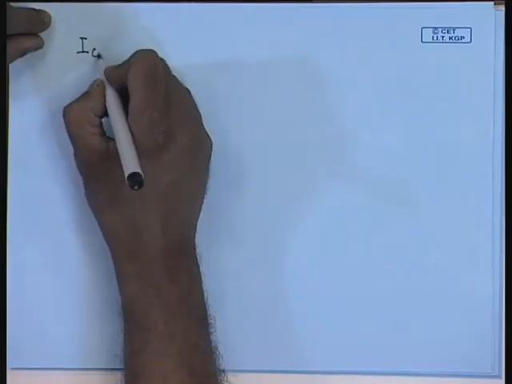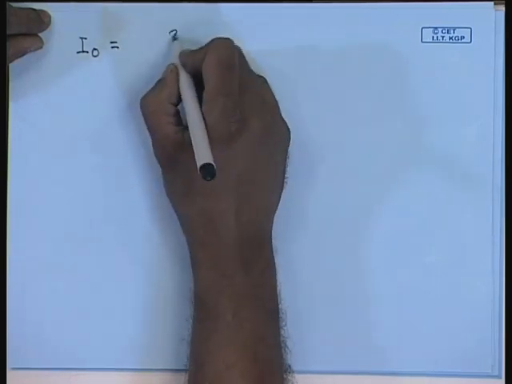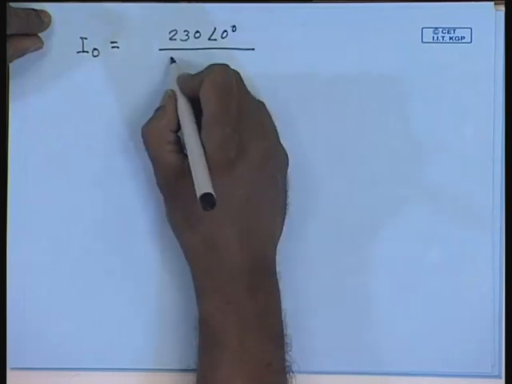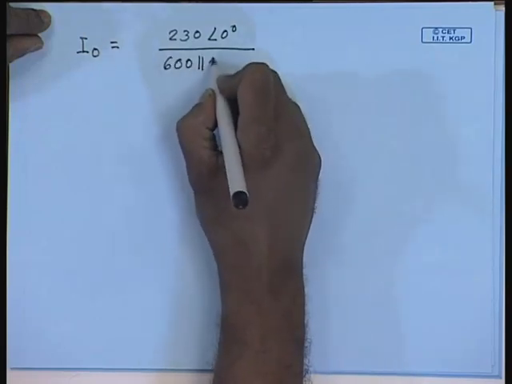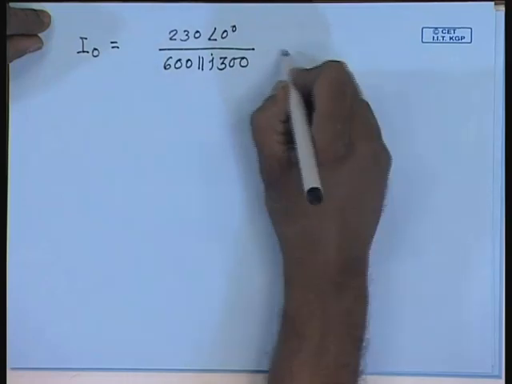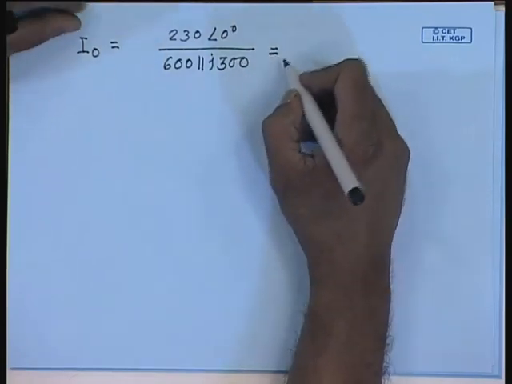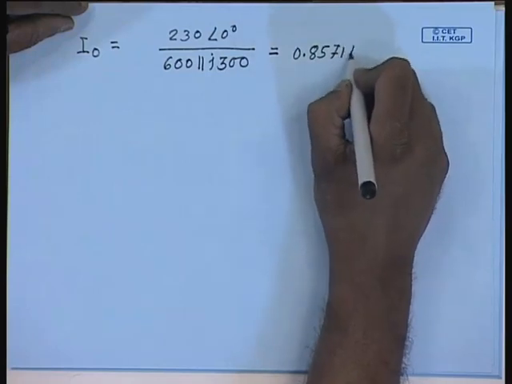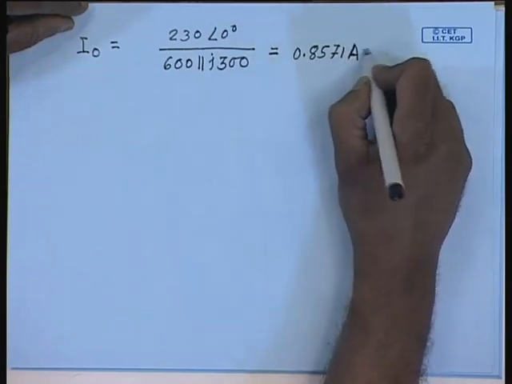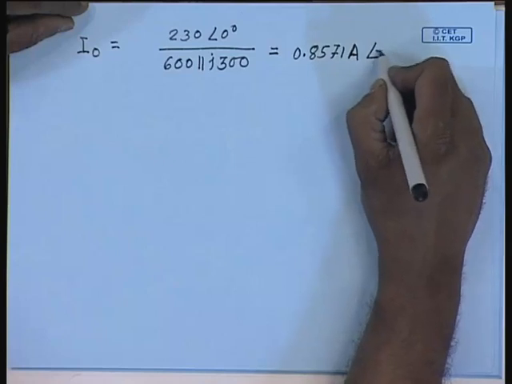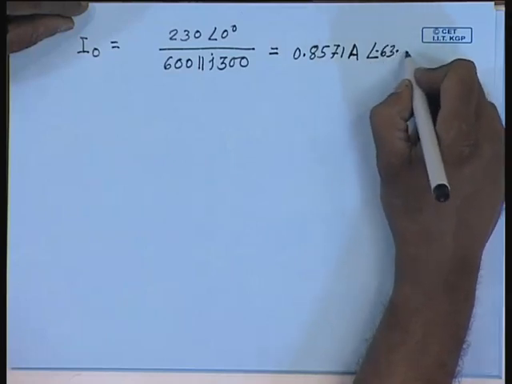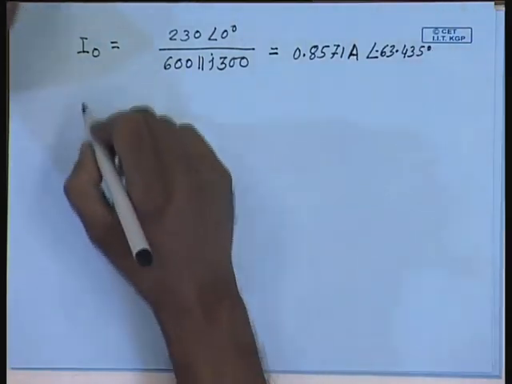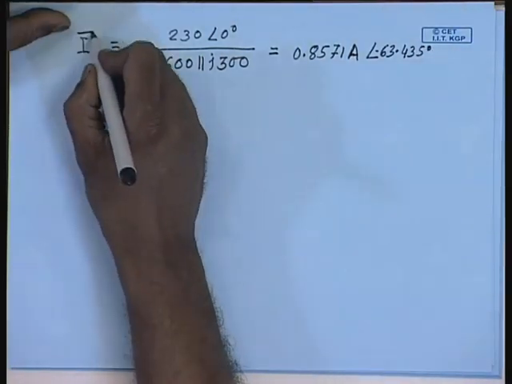I0 equal to 230 angle 0 degree divided by 600 parallel j 300, and the value is 0.8571 amperes at an angle of minus 63.435 degree with respect to the applied voltage phasor.